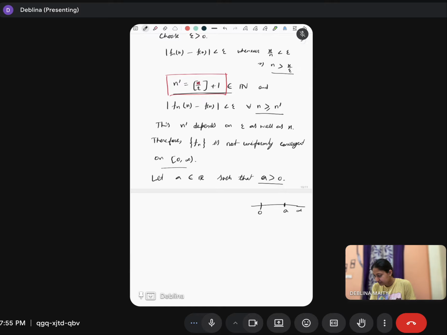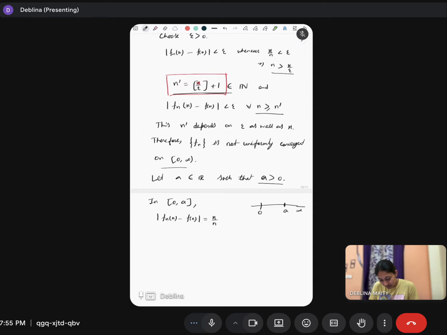Now in this closed interval 0 to a, what we have is fn(x) minus f(x), which is x by n, right? Now the largest value of this x by n is what? This is a by n, right?